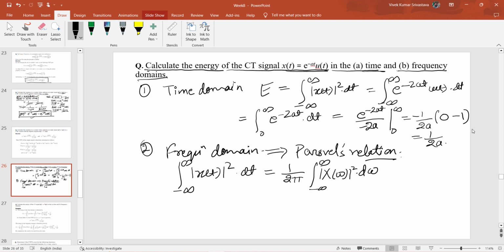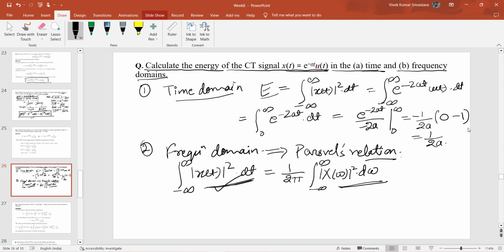Now we have seen how to use this expression so as to evaluate the energy in the time domain. Now we will use this expression so as to evaluate the energy contained by the signal in the frequency domain.